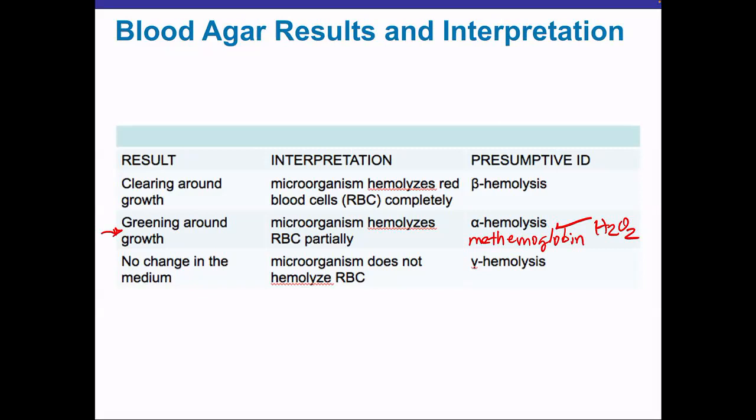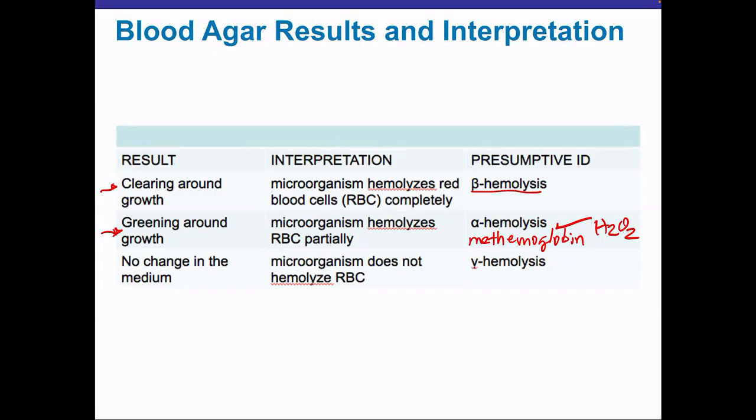Let's now talk about the beta. This one right here, beta hemolysis. It's also called, in this case, complete hemolysis, and is the complete lysis of red blood cells in the media. And as a result of that complete lysis, it is going to show a clear, transparent halo around and under the colonies that are producing that beta hemolysis.